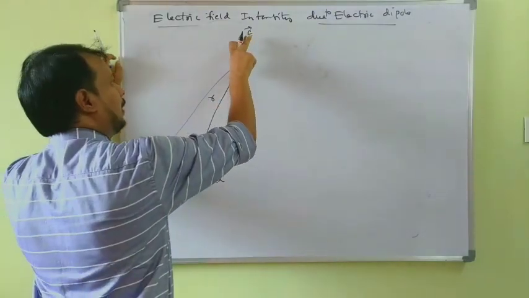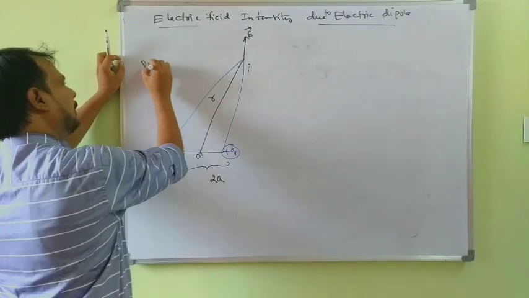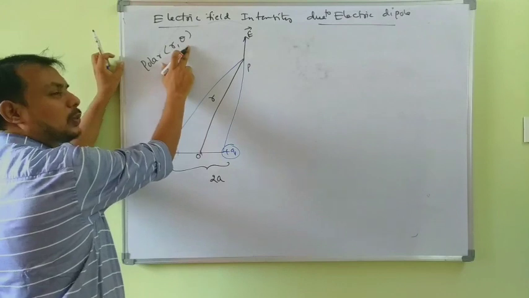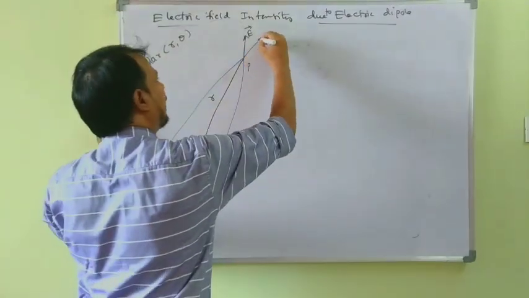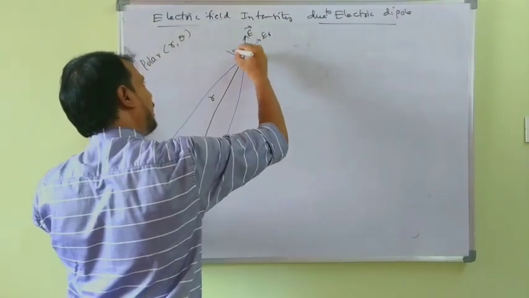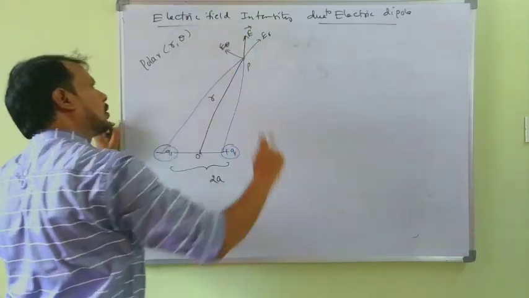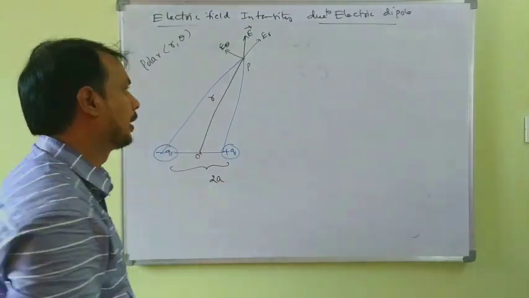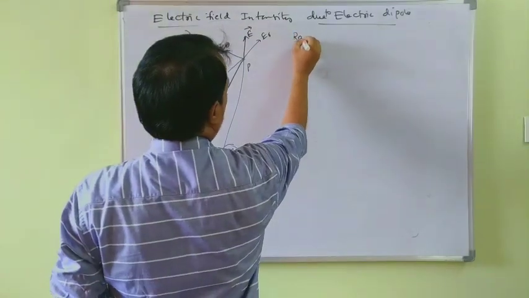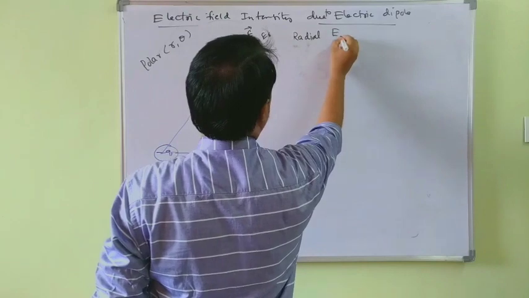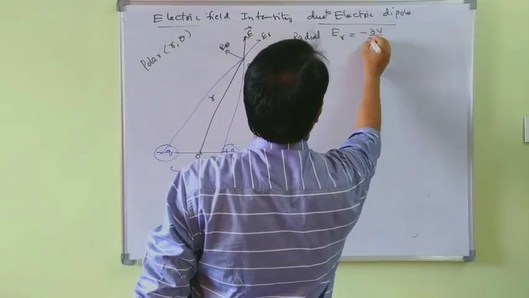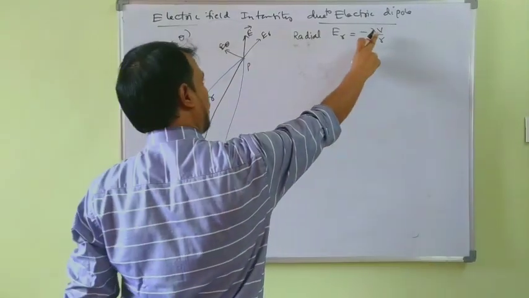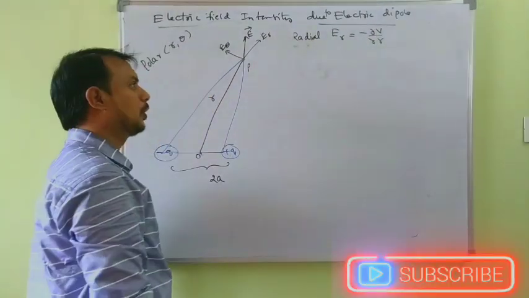I am writing it in polar coordinates, that is, radial as well as transverse components. So this is the radial component ER and the transverse component E theta. ER, the radial component of electric field intensity, is minus dou V by dou R, the negative gradient of the potential.